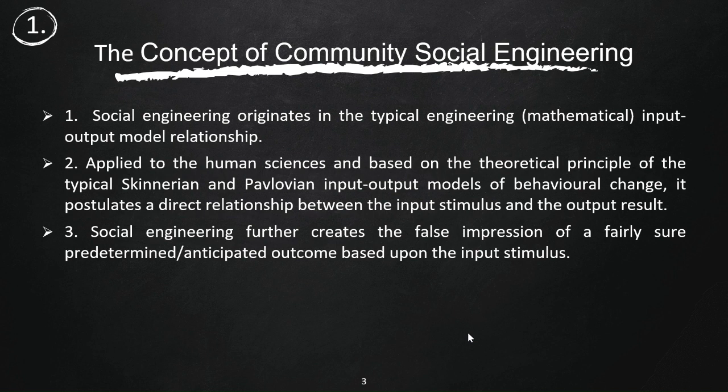So it's more like you give them more land, they produce more, or you give them a medical center, they are healthy. Those kinds of things really work, but somehow it creates a false impression that you can predetermine and anticipate outcomes based on input when it comes to human beings and community. But you and I know that that doesn't really work that way.